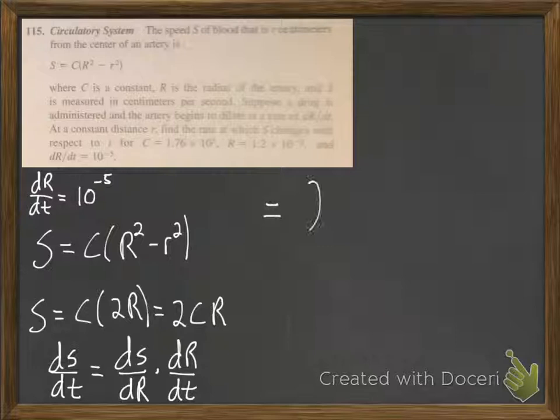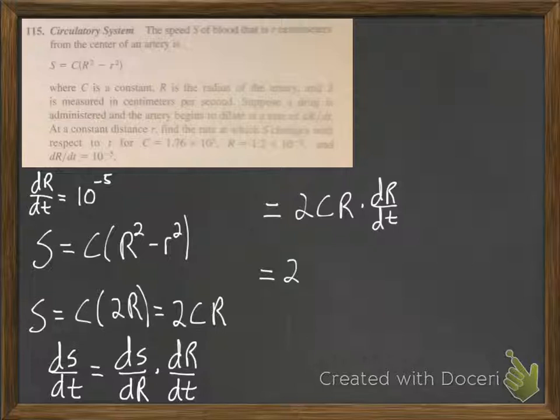So dS/dt is 2cR times dR/dt, which we have right over here. And then we start working on that, plugging in everything that's given to us. 2 times c, which is 1.76 times 10 to the 5th, times R, which is 1.2 times 10 to the negative 2nd.